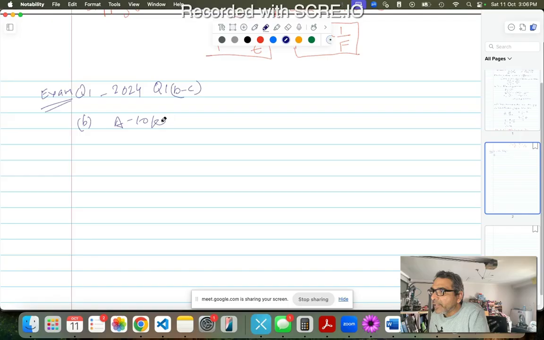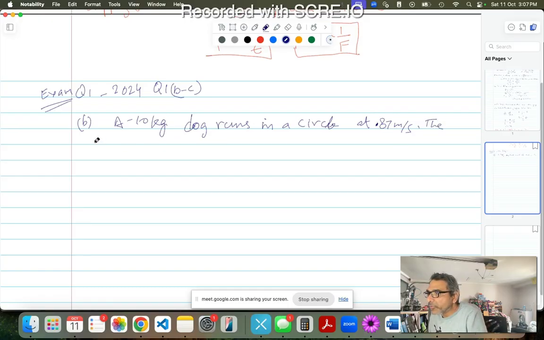a 10 kg dog runs in a circle at 0.87 meter per second, right?